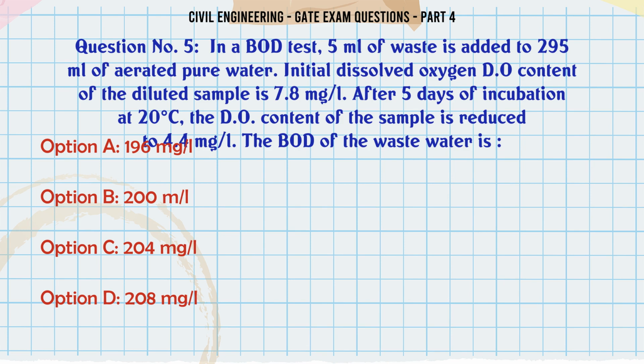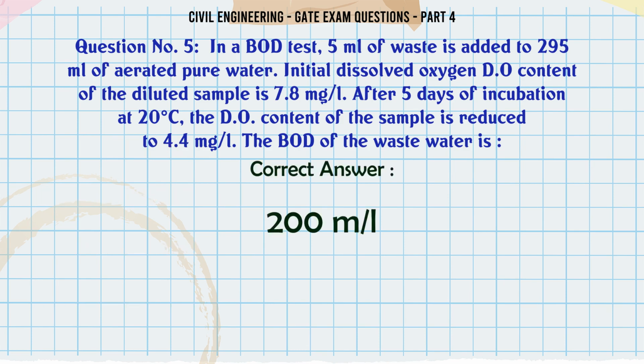The BOD of the wastewater is A 196 mg/L, B 200 mg/L, C 204 mg/L, D 208 mg/L. The correct answer is 200 mg/L.